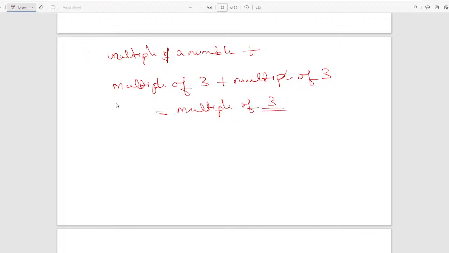I hope this property is clear. If you're adding or subtracting any multiples of a particular number, the final result would also be a multiple of that number.